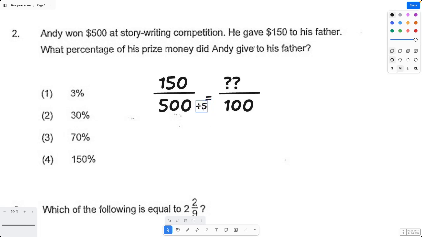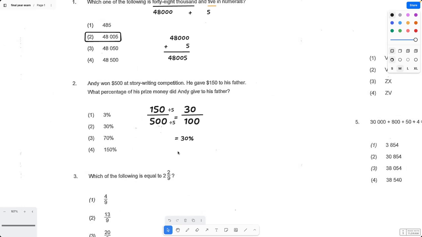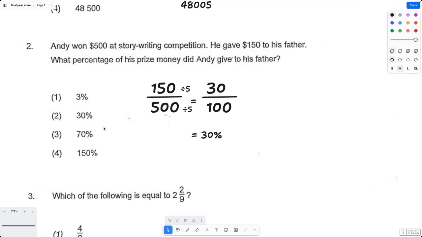So with that, we can also divide 5 to the numerator, and this will give us 30. And since 30 of 100 is as simple as just multiplying by 100, you will get this as 30%. And that's your answer to this question, 30%. So in this case, the answer to this question is option number 2, 30%.